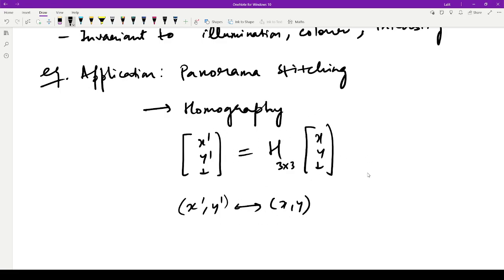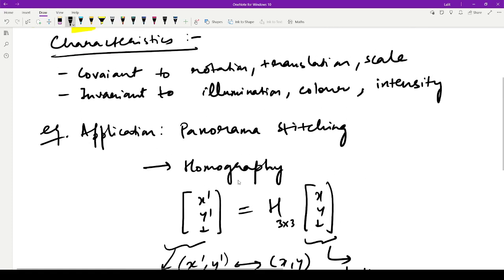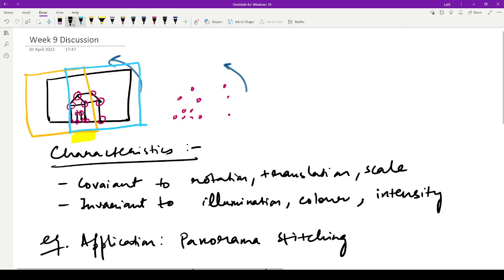Once you estimate the homography, what happens? You can map points from, for instance, the left image to the right image. If I call this right and this left, although you can change it equivalently. If you can map points from the left image to the right image, what can you do? If you just use this specific example, you have taken two images like this.